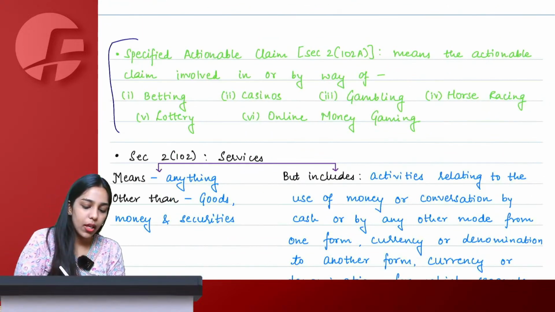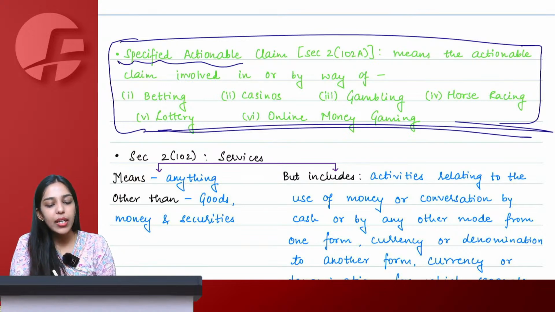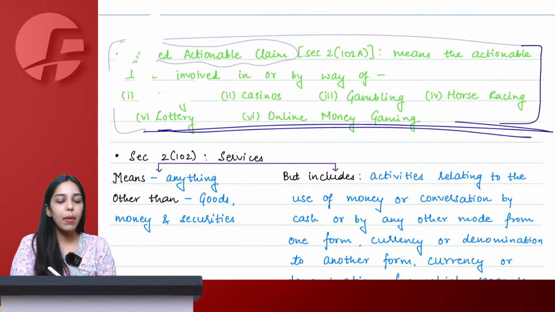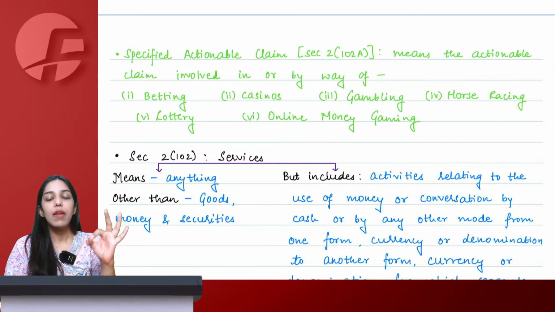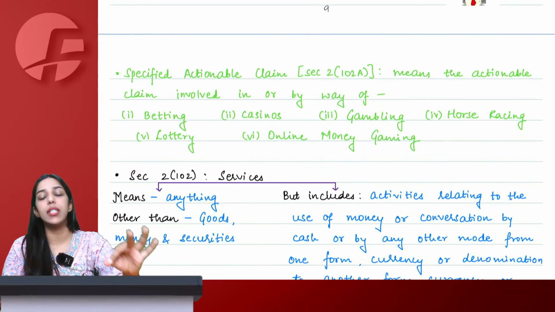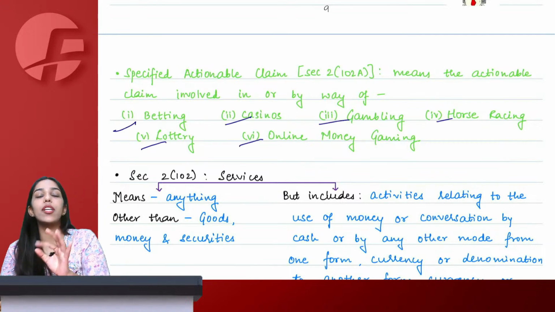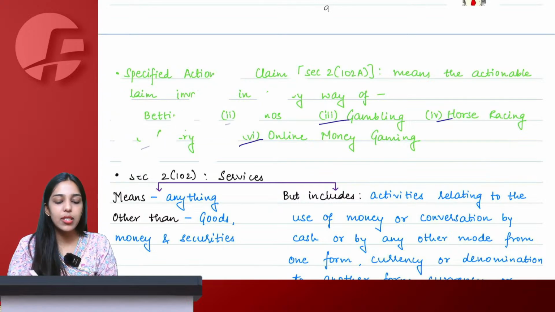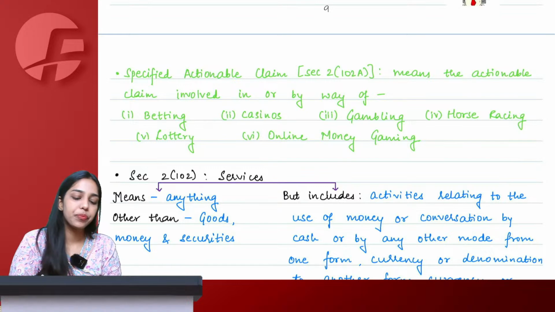Now here, this new term is added, which is specified actionable claims. We know about a lot of actionable claims, but particularly you need to remember, and when I say remember, you have to 100% remember these 6 points which are specified actionable claims. At various places, they are treated separately compared to the normal actionable claims.